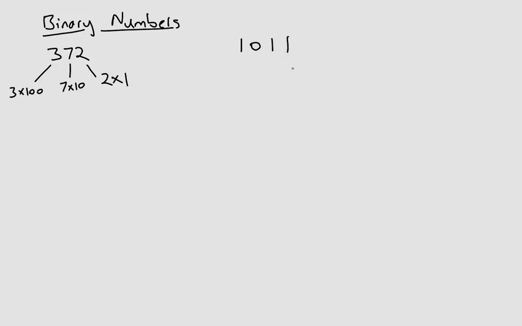What does that mean? Well, here we've got 1 times 1, just as in the decimal system. But here, instead of 1 times 10, we've got 1 times 2. And here we've got 0 times 2 times 2, in other words, 0 times 4.